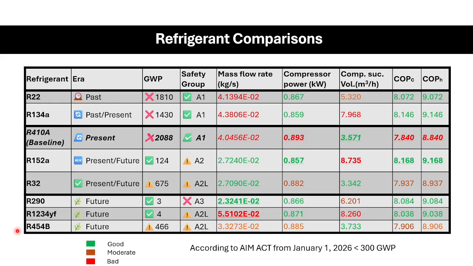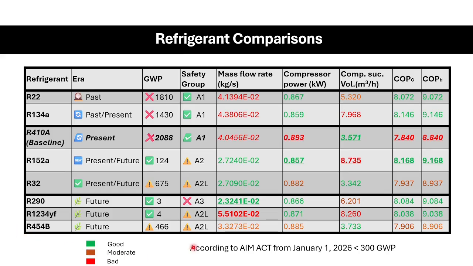So have you noticed the trends as compared to the baseline refrigerant R410A? The future options have lower GWPs but introduce flammability as per ASHRAE. Their efficiencies are better with comparable mass flow and vapor flow for the cost savings.